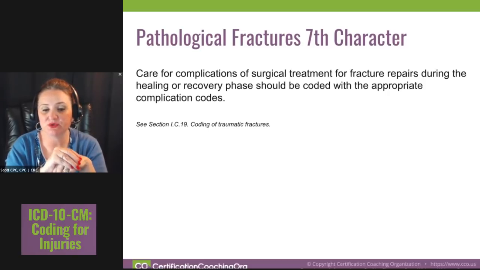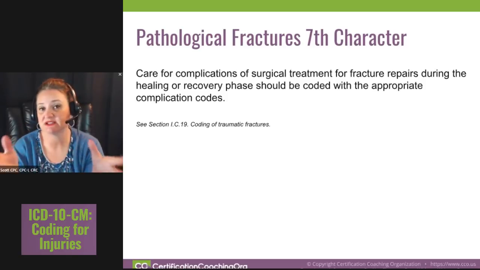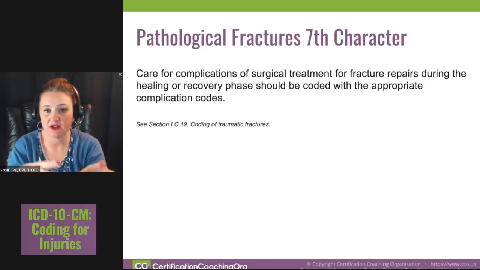If they have to take the cast off and reapply the cast, that's determined by the provider. Is this still just routine healing? Because it is appropriate for a cast to be taken off and another cast to be put on for various reasons, especially if they put pins in.